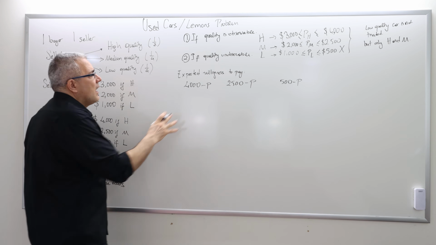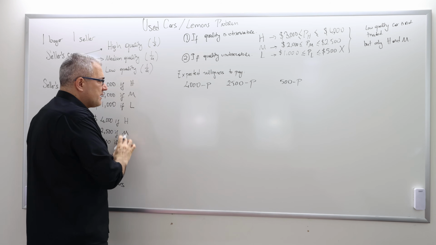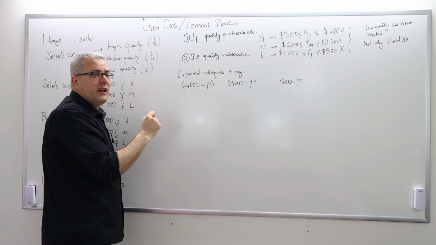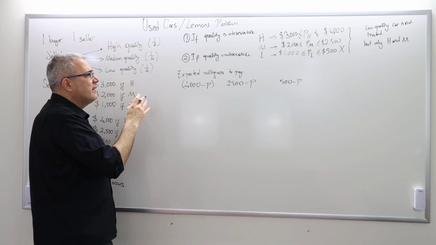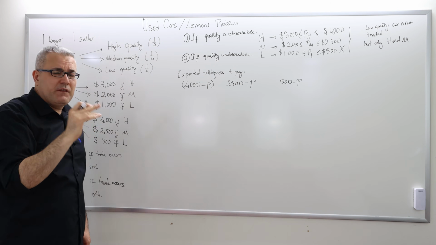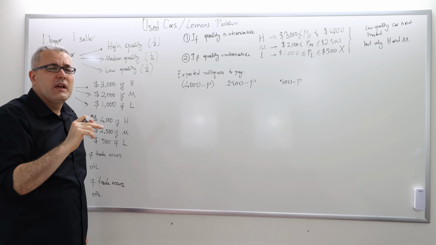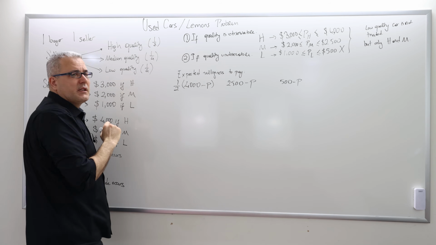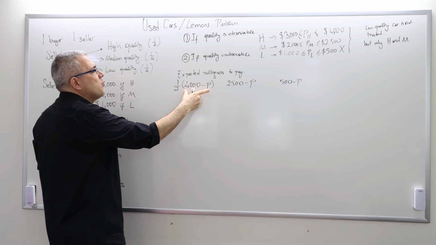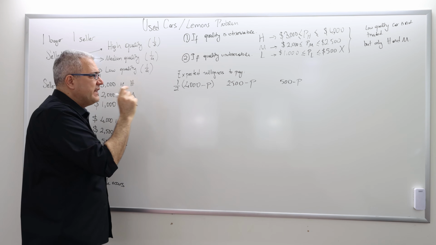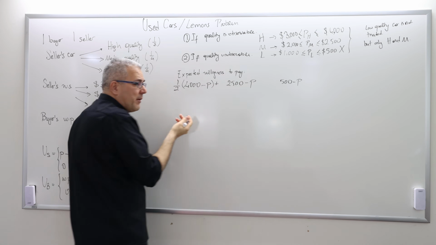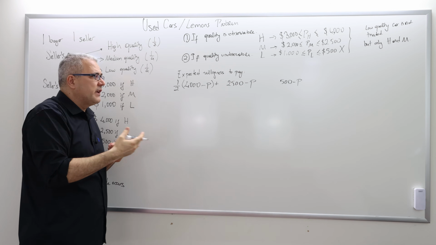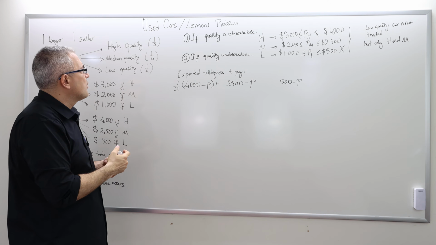Well, the thing is, the buyer's utility is going to be this only if the car is high quality. And the buyer doesn't know if it is high or medium or low quality. He just has a belief that with 1/2 probability, the car is going to be high quality, in which case this is going to be his net utility. Plus, remember, this is how we calculate the expected utility, which I assume that you already learned in the Intermediate Microeconomics 1 course.